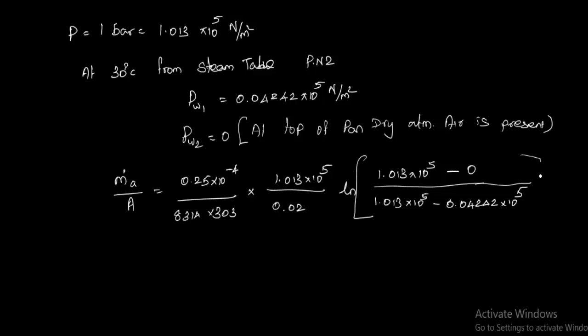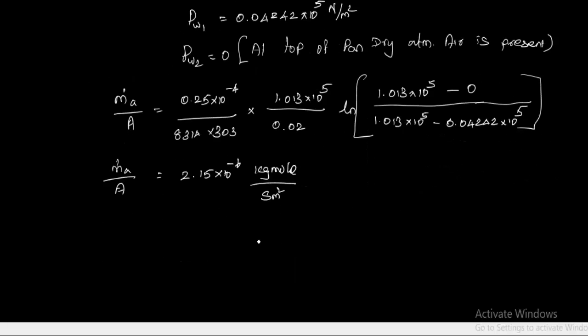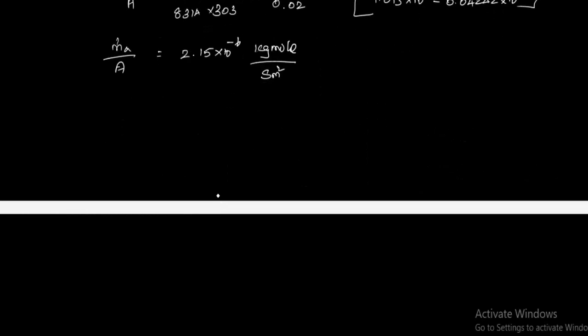Use the calculator carefully in order to find the correct answer. So m dot A divided by A will become 2.15 into 10 to the power minus 6 kilogram mole per second meter squared, right? Now you have to find the mass flow rate of water vapor.